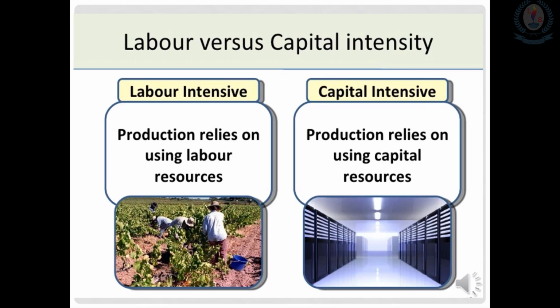Most of the primary products are based on labor intensive production. Whereas capital intensive means production relies on using capital resources. For example, fast moving consumer goods often rely on heavily automated plants.